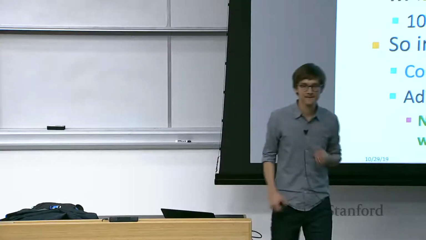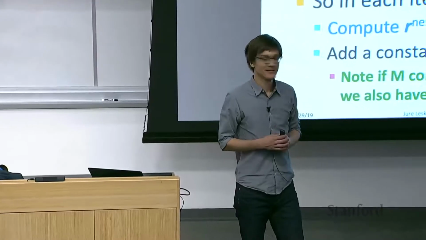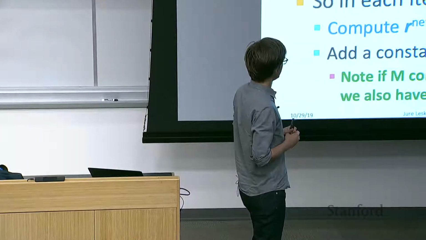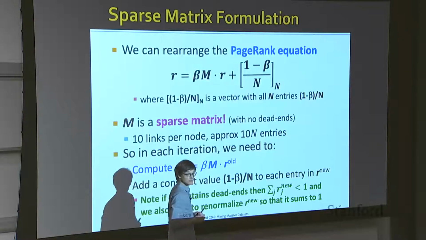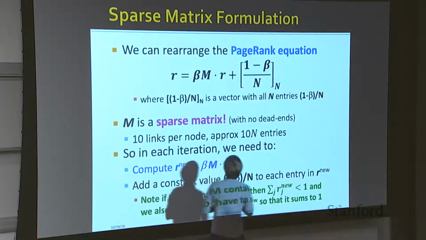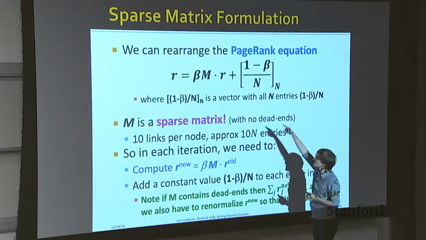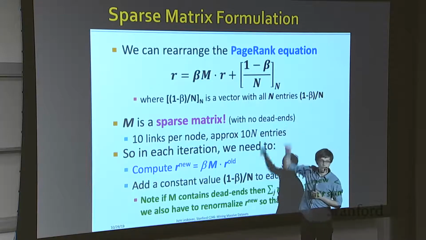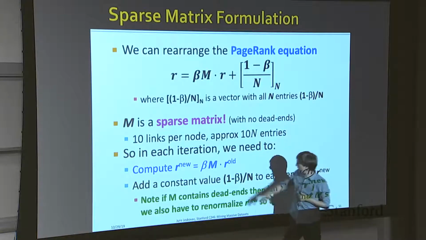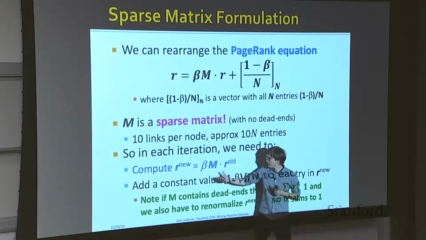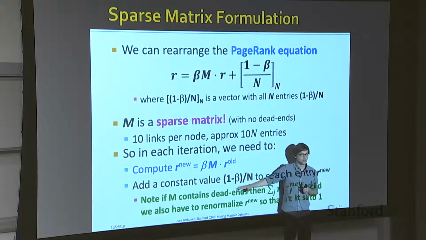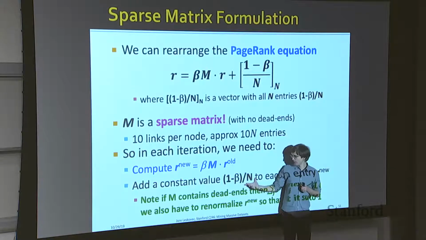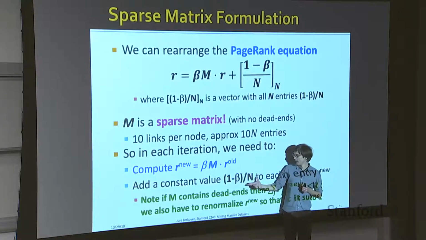Yes, Chris. Are you missing an R at the end of the equation? Should it be that constant (1 minus beta) over n and then times R again? No. I don't need to multiply it. I just add it in, right? Basically, I run this, and then to every entry of R new, I add a little constant term. And this constant term is essentially the probability that the random walker will land at that node.